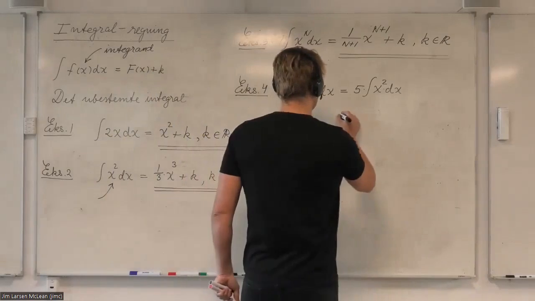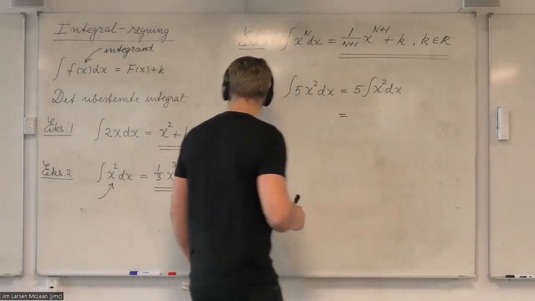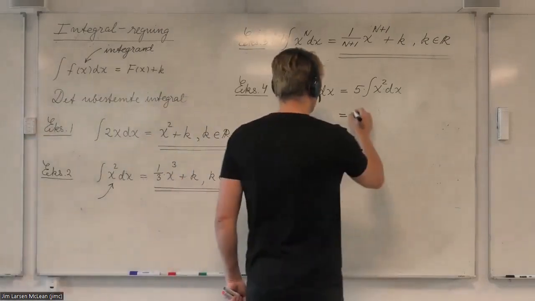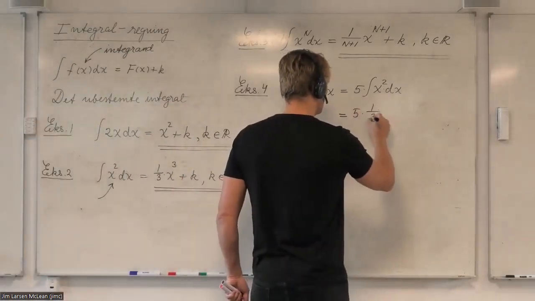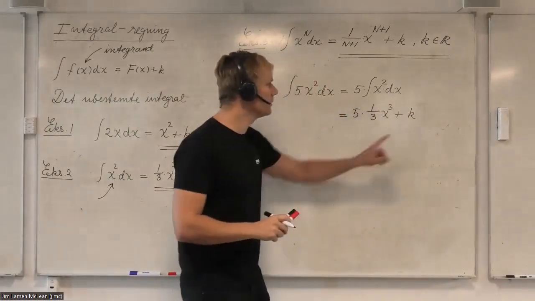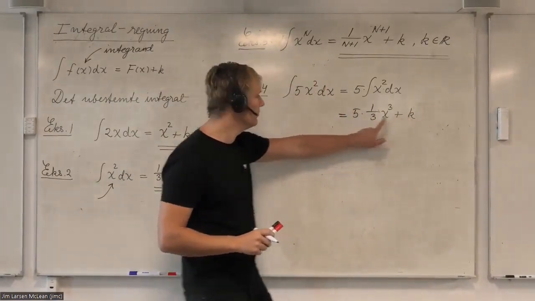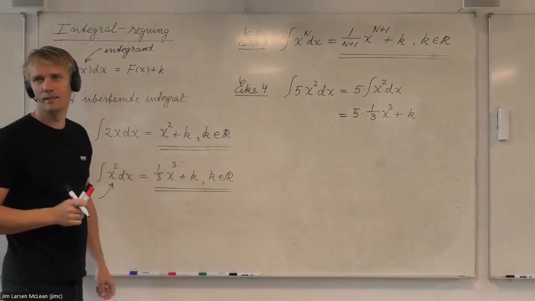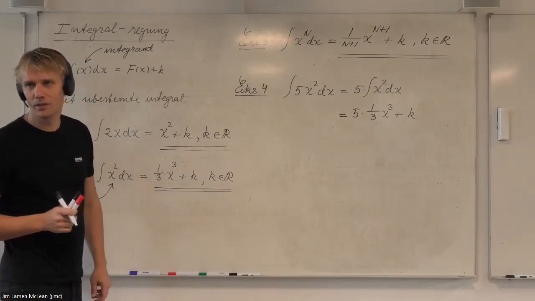And we already know that integral, it gave us this. So therefore, it must give 5 times 1/3 of x cubed. And then plus k. Now, some might ask, why don't you write 5k? Because wouldn't 5 be multiplied by that and that? Yes, that's right. But 5 times a constant is also a constant.